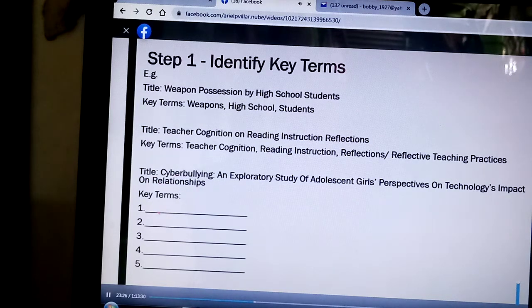Yun ang mga 5 key terms that you're going to search in your review of related literature. Saan siya nakabase nga uli? Doon sa mga constructs or mga variables ng inyong title. So, if you know the variables of your title, then you know what are the subtopics of your review of related literature.